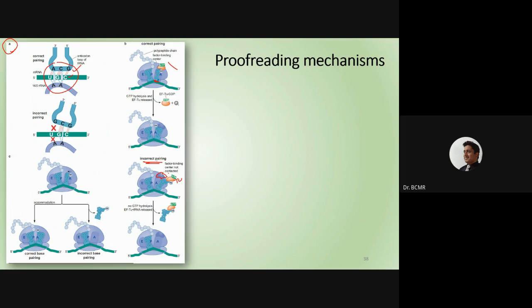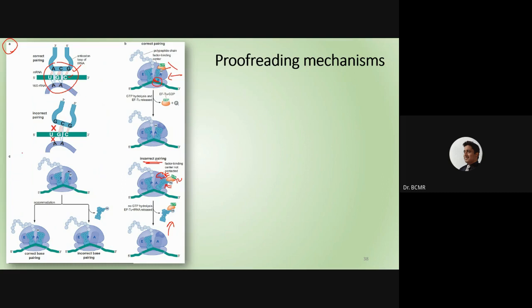If that is not binding here, then the GTPase activity of EF-Tu will not be activated. Then EF-Tu will keep on binding to this tRNA, so no hydrolysis will happen, and it might be dislodged out. Whereas if the binding between codon and anticodon is correct, then the EF-Tu fits well into the factor binding site, GTPase activity is enhanced, hydrolysis of GTP happens, and translation proceeds further.